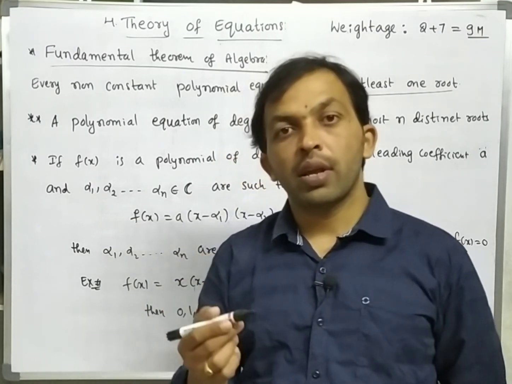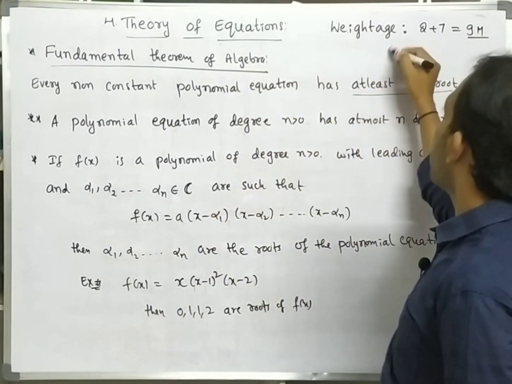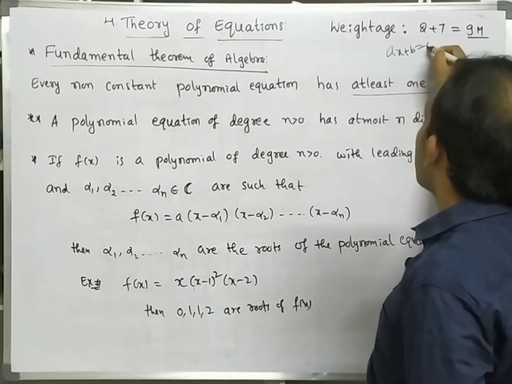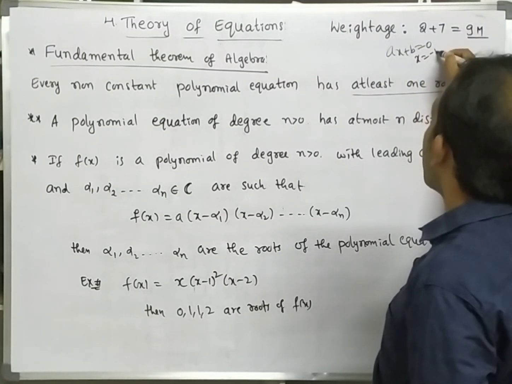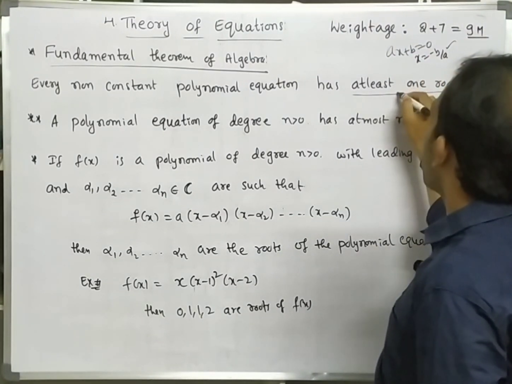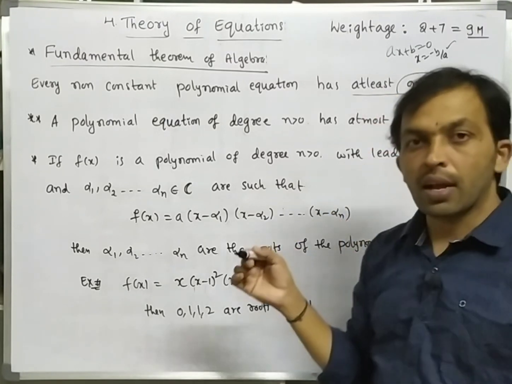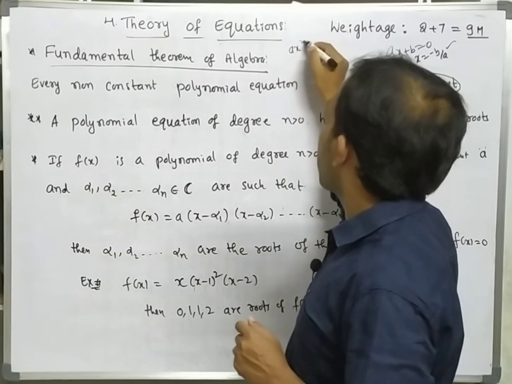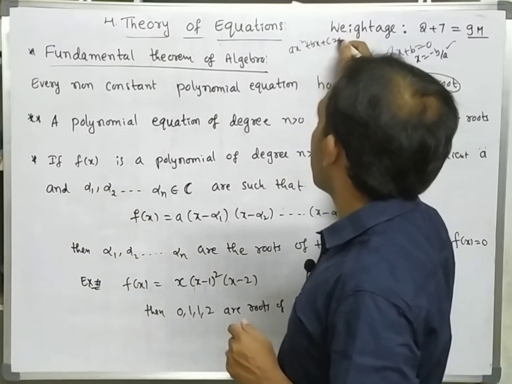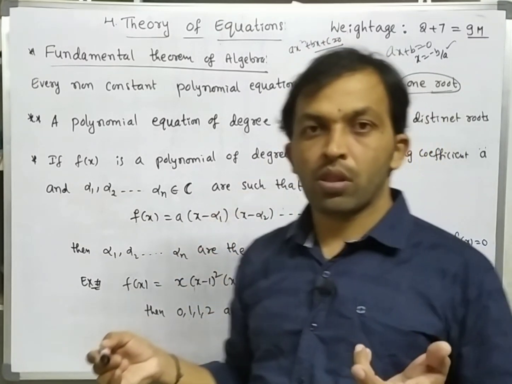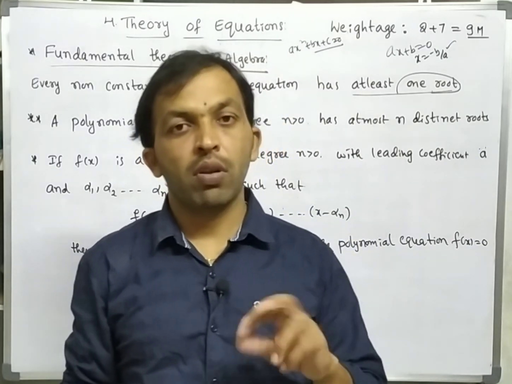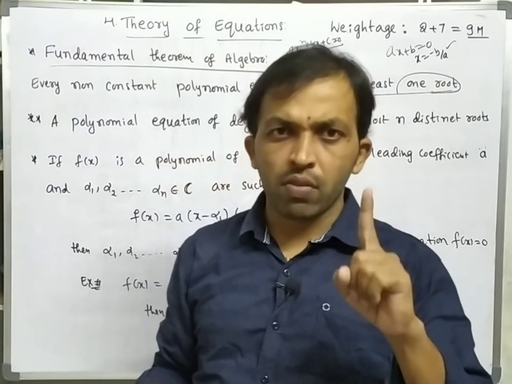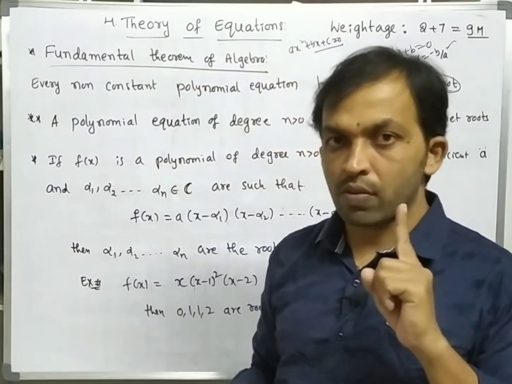Linear polynomial means ax plus b is equal to 0, we will get x is equal to minus b by a as one root. So at least one root. And ax square plus bx plus c is equal to 0 has two roots or one root, equal roots, like that. So at least one root will exist.